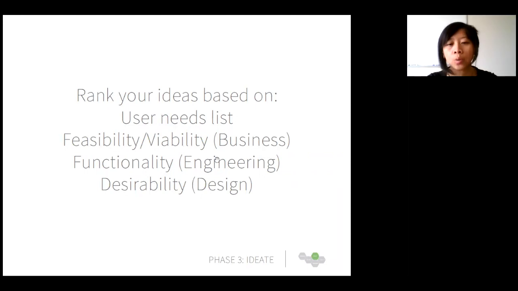You can either do an average of these scores, or you can focus on one specific aspect. For example, maybe functionality is very important. So you may want to have something with a very high functionality score, and then maybe moderately high scores in the other areas. But whatever it is that you decide to do, work on certain ideas or select certain ideas based on these kinds of ratings.